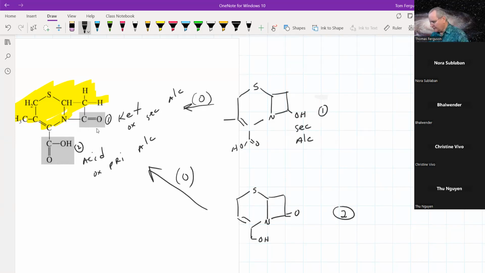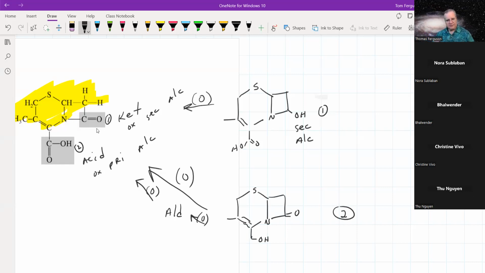So this would be oxidized first to the aldehyde. And you'll keep on going to the acid.